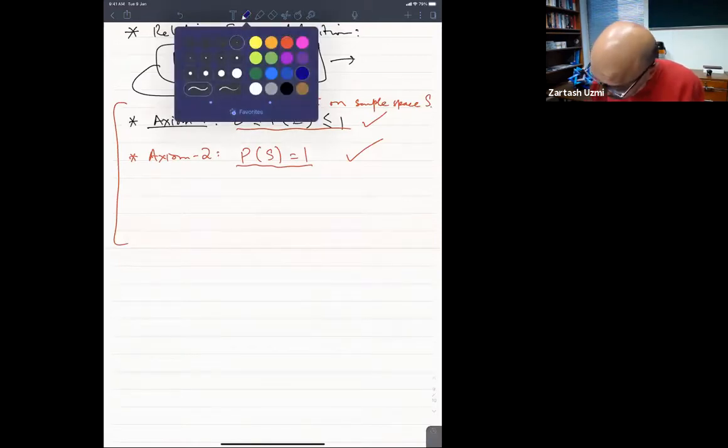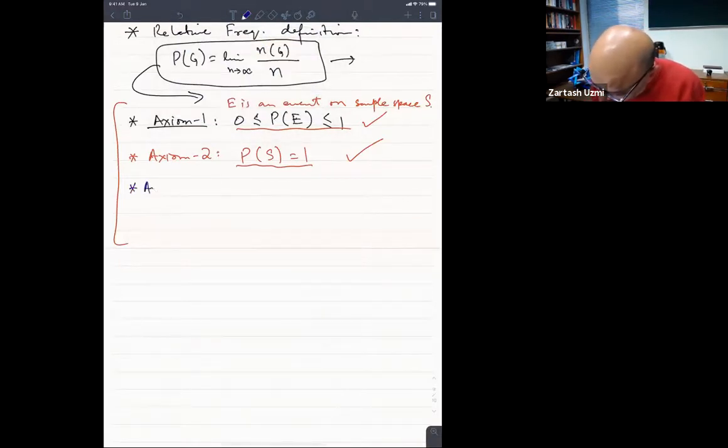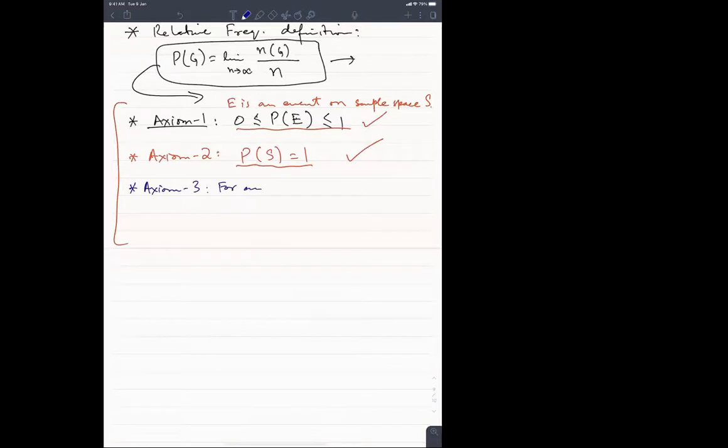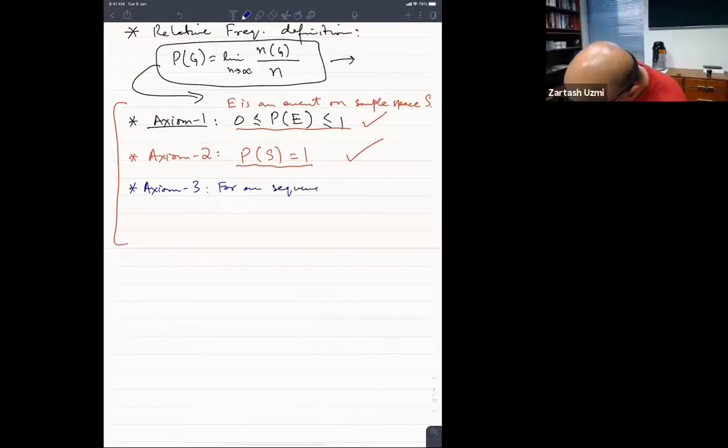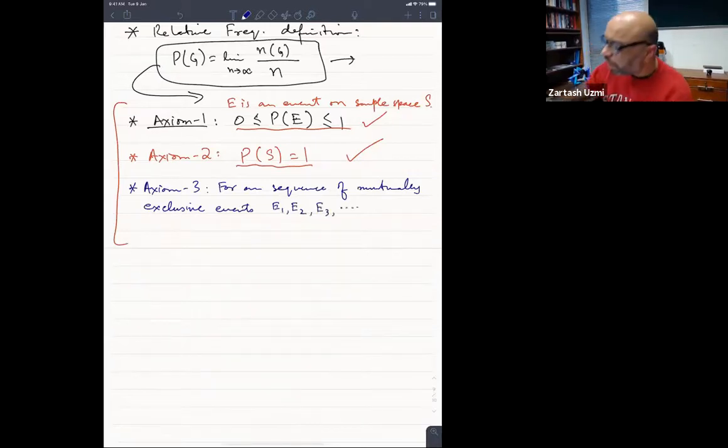तीसरा axiom is axiom 3 is also very interesting. For any sequence of mutually exclusive or disjoint events, E1, E2, E3 and so on and so forth. ये सारे E infinity तक जा रहे हैं. ठीक है?